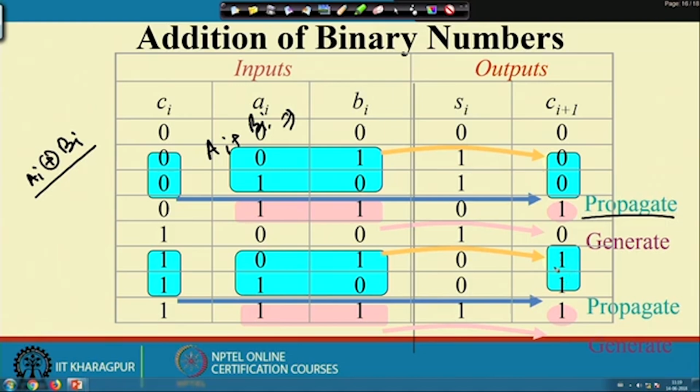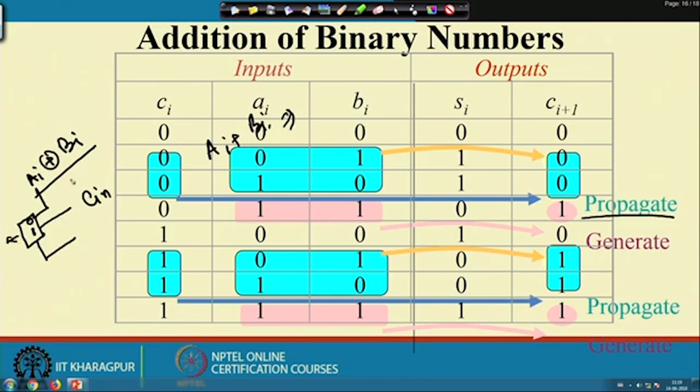Okay. So, that means now if I just consider this, this is the C in, which is at 1 and this is at 0.